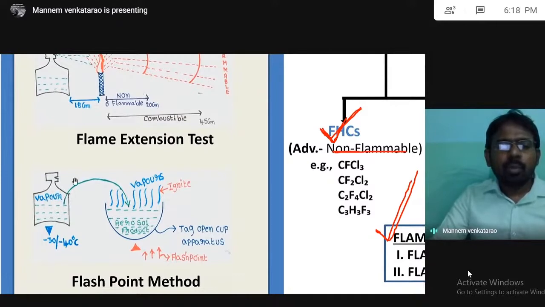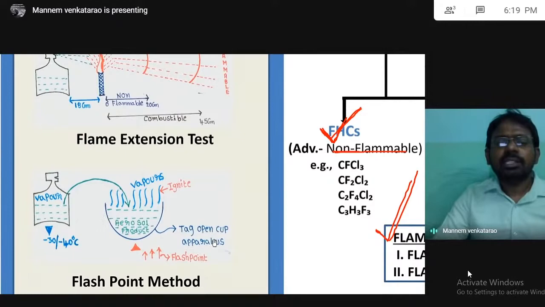Next, this liquid will be poured into a cup shaped apparatus, like a teacup. Open teacup or closed teacup? Open. That's why it is called the tag open cup apparatus. What do we call tag? This liquid will be poured into the container. The liquid will be tagged with the container. Which container?